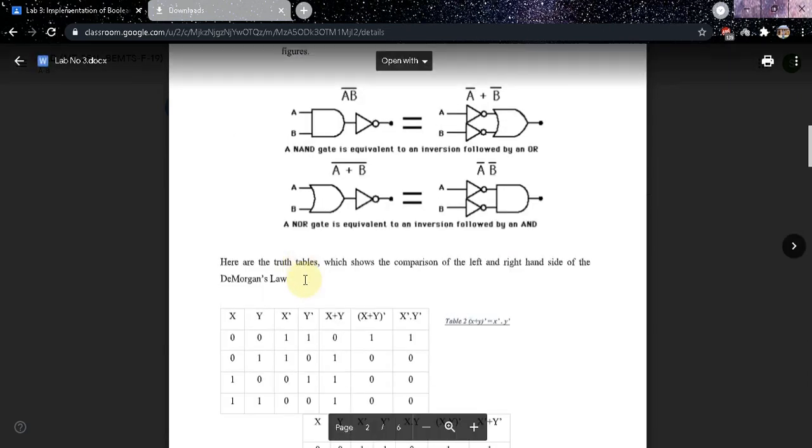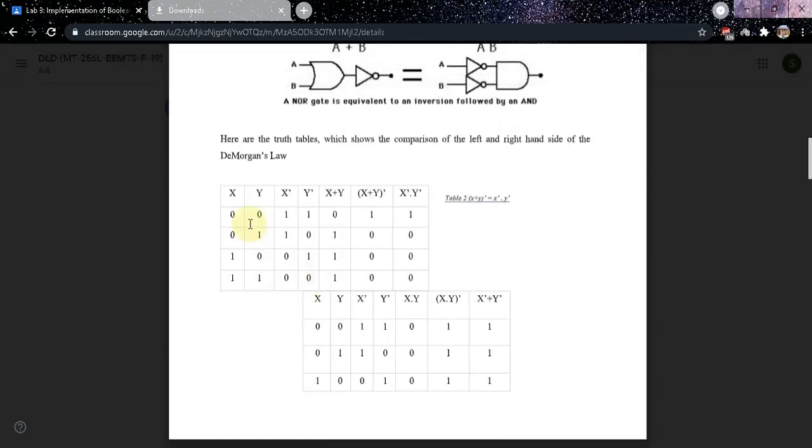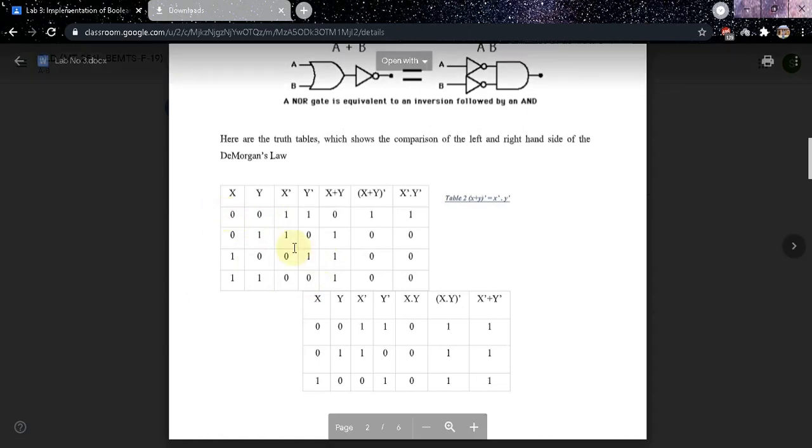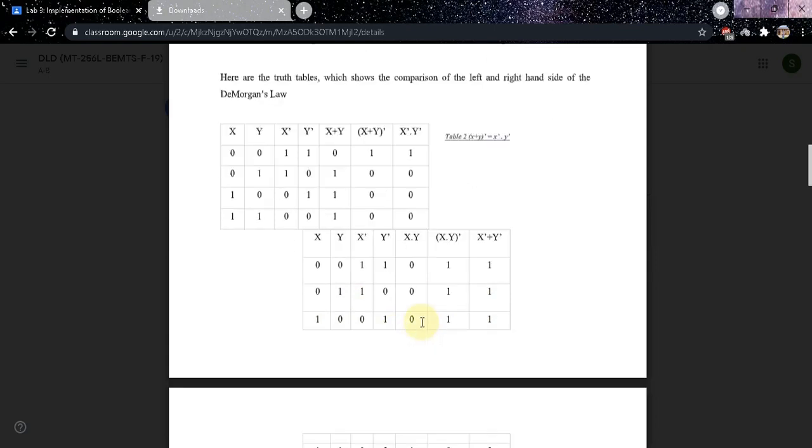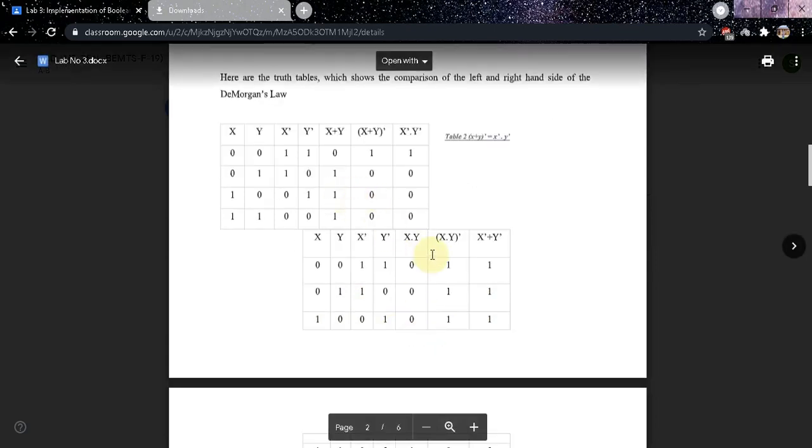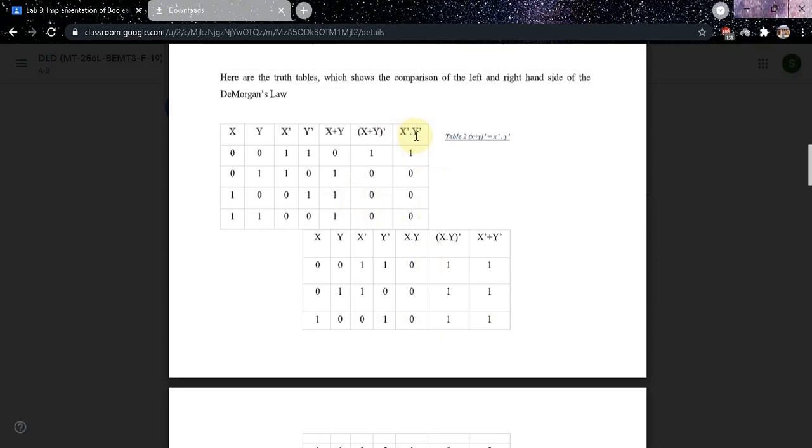We shall see the truth table first. This is our truth table, x prime and y prime. If x and y are 0 and 0, this means our x prime and y prime will be 1 and 1. Let's see what the product x NOT dot y NOT gives us.